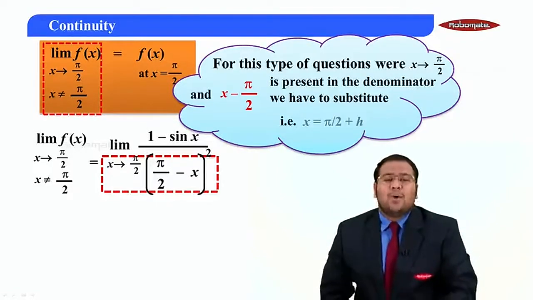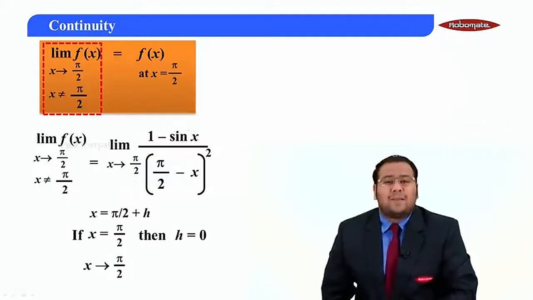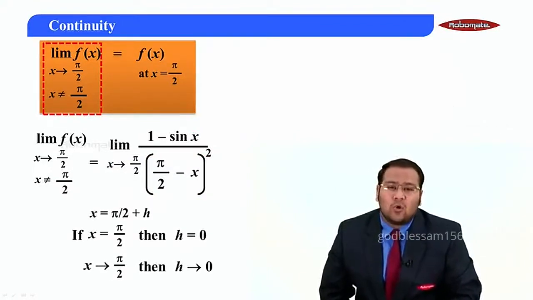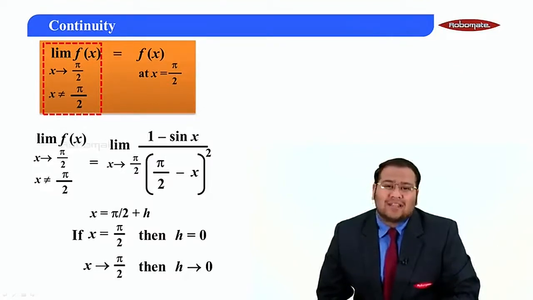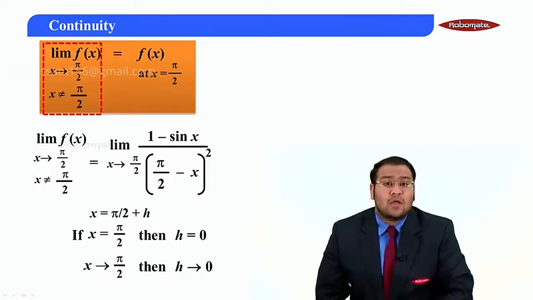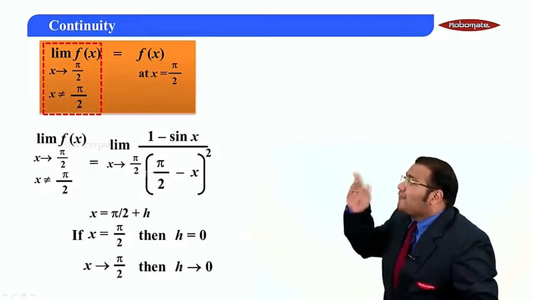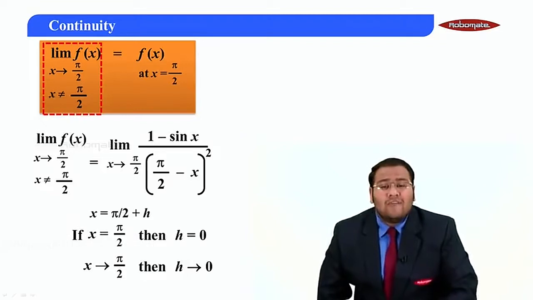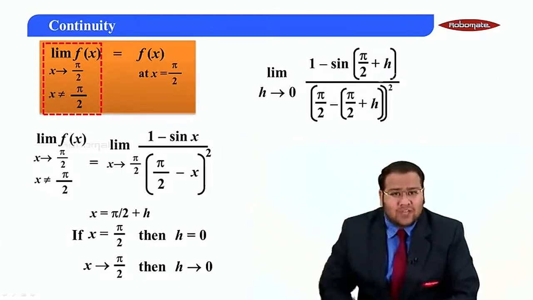So when we put x as pi by 2 plus h, x minus pi by 2 would be h. In that case, when x is tending towards pi by 2, h has to tend towards 0. Over here the equation is in the form of x, so we are now writing the equation in form of h. So what is the equation?